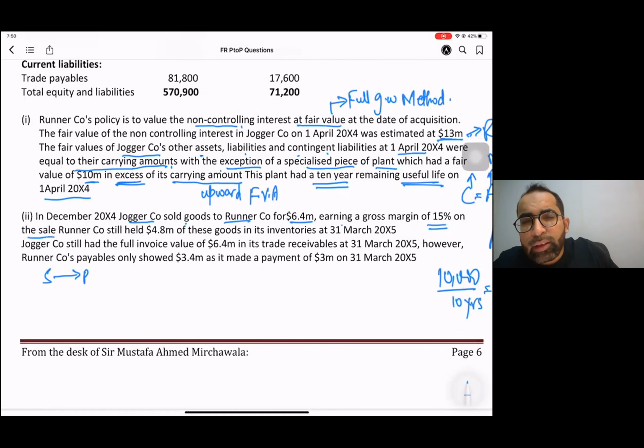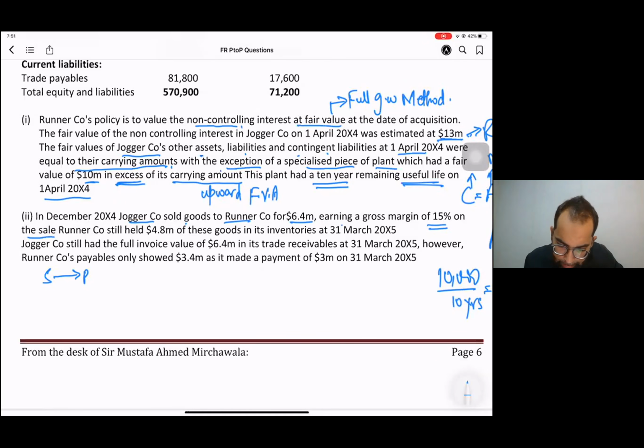Yes, good news. When margin is given, you can directly multiply it with the selling price. As margin is profit percentage on sales and the selling price is directly given, you will multiply the margin percentage with the sales to get the total profit. It's easy.